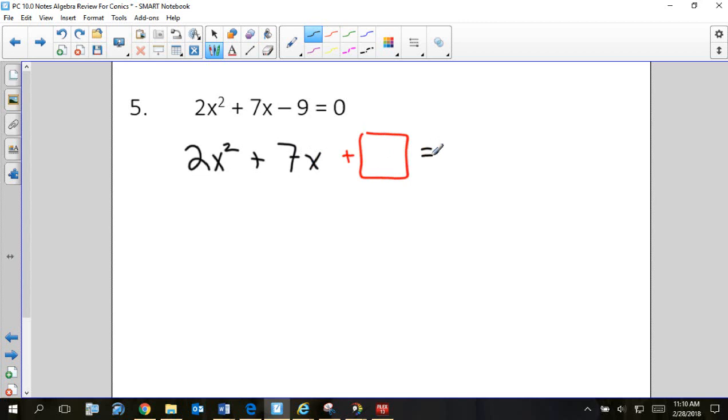This is where it gets fun. Okay, so here's what's fun, and this is why I said you're going to need room for this one. You can't do complete the square if there's a number here other than 1.